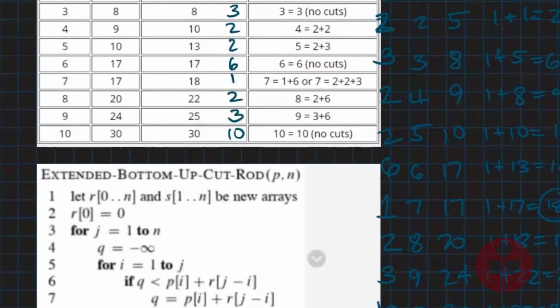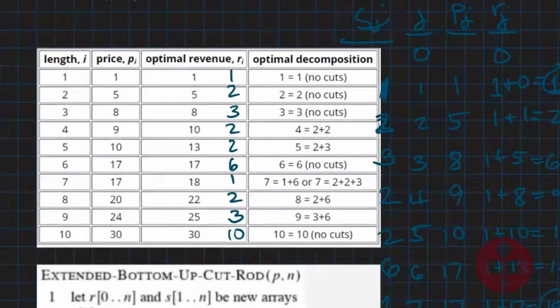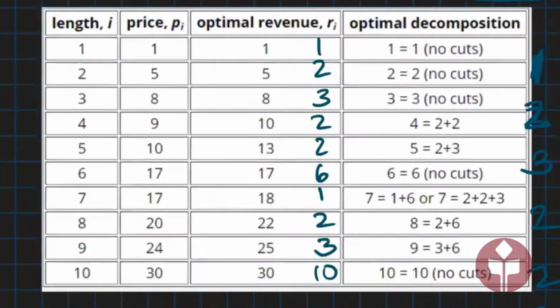So that's what we have so far. Looking at what we have here, the table tells us that for a rod of length 10, the optimal revenue we can generate is 30. That makes sense. That's no cuts.